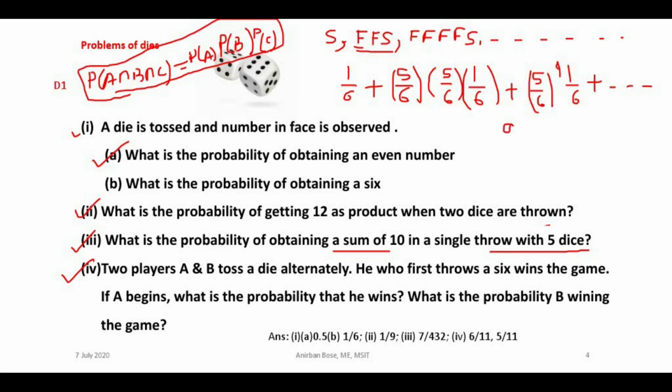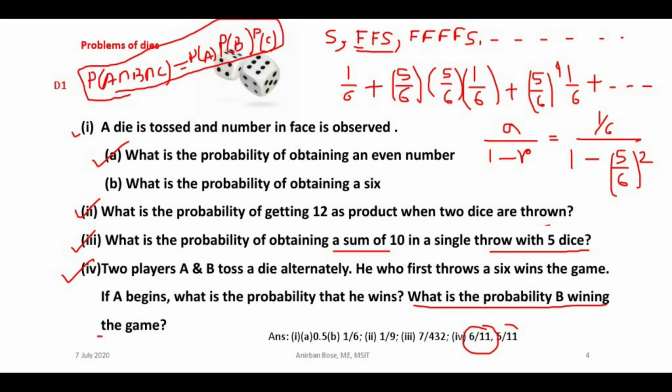You know the formula for an infinite GP series, the sum is a by 1 minus common ratio. So here a is the first term 1 by 6 and the common ratio is (5/6)^2. Okay, now if you simplify this one, you will get the answer, 6 by 11.